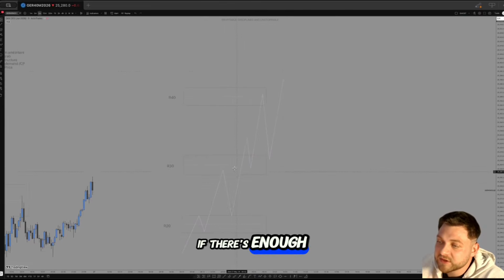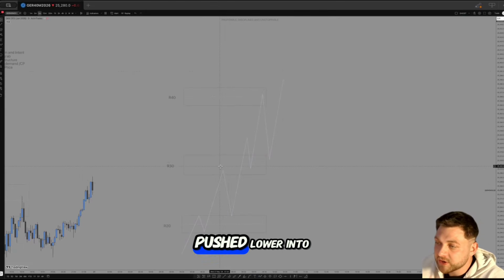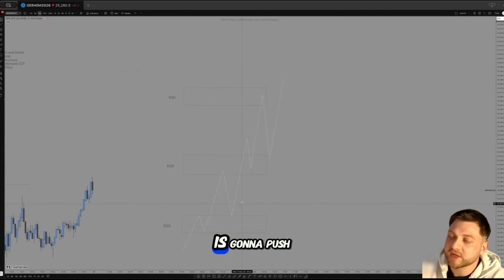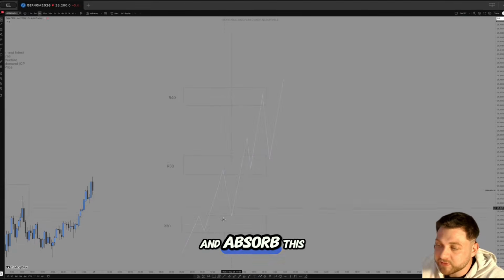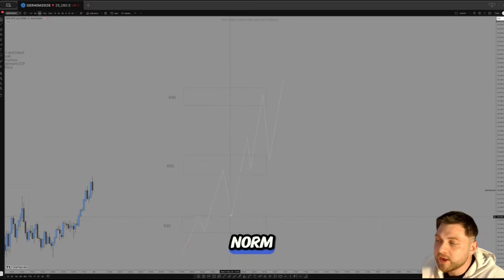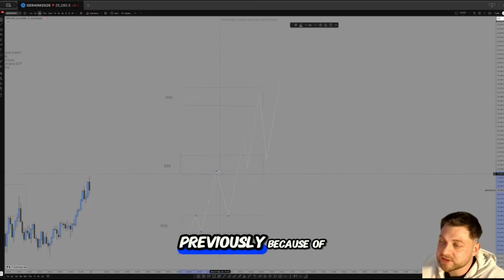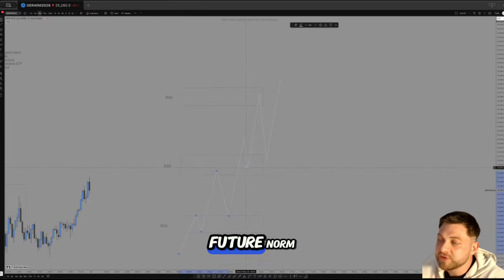If there's enough supply in this area, price will get pushed lower into this area where demand is created, knowing that price is going to push higher into supply again, and people accept and absorb this price as if it was a norm. And then price gets pushed higher, and the area where price was sold off from previously because of fear, sellers stepping in, becomes the future norm.